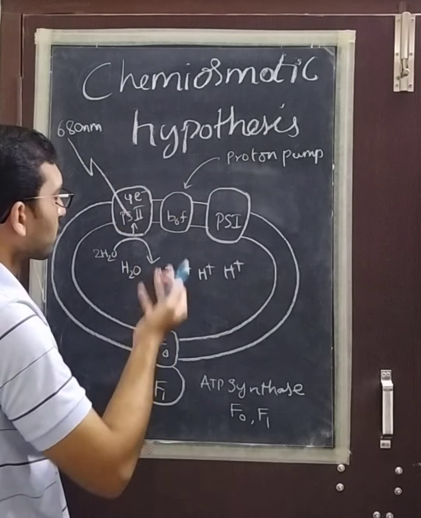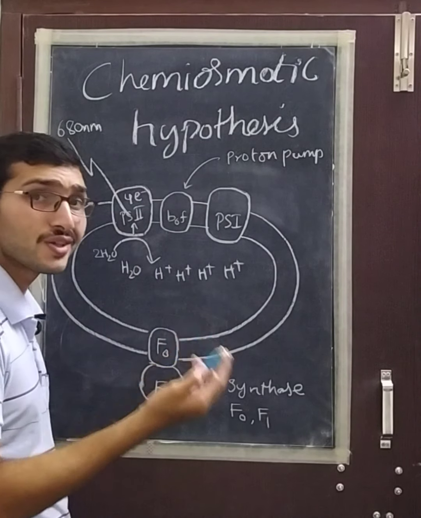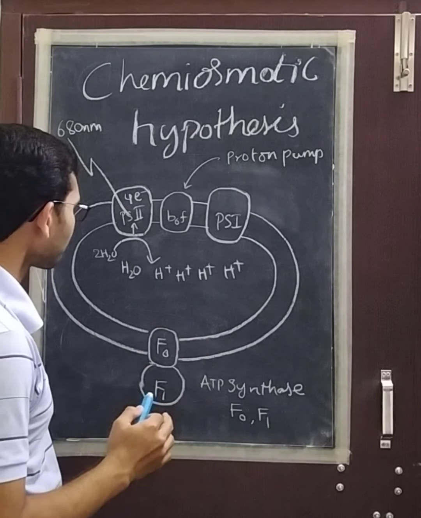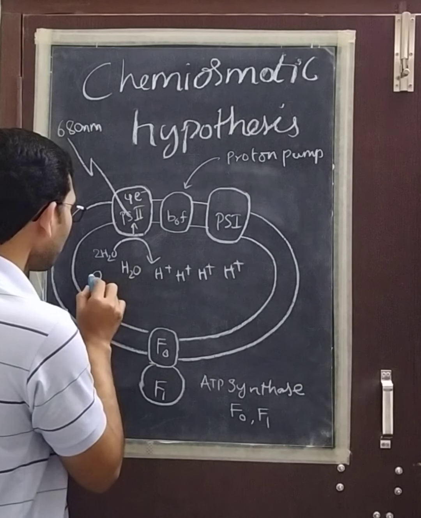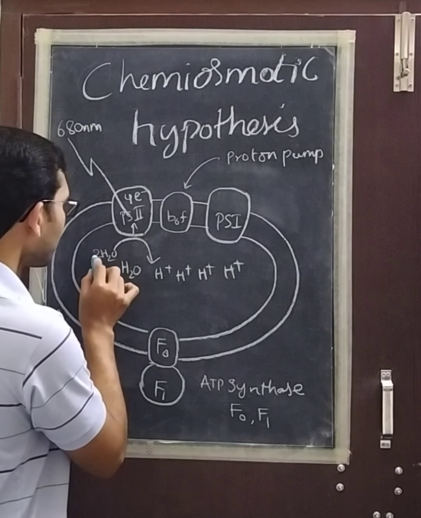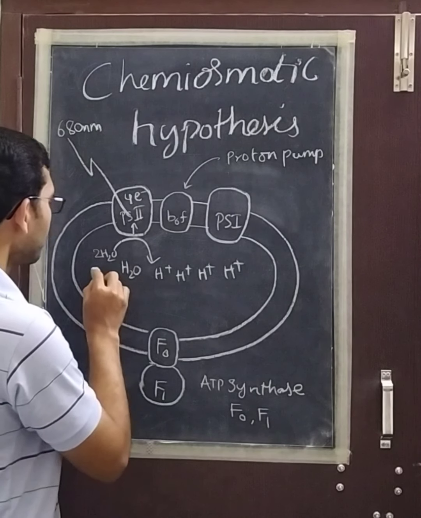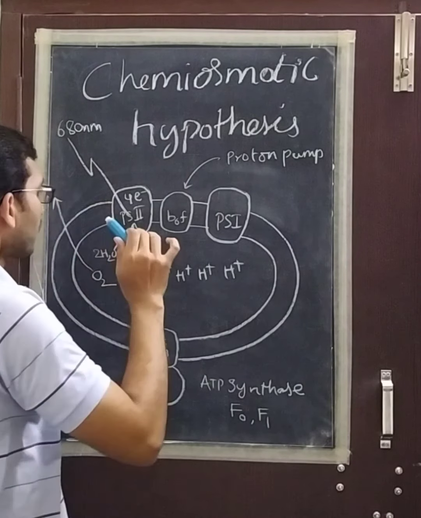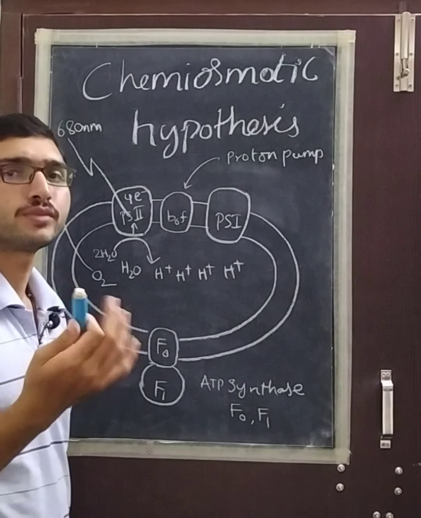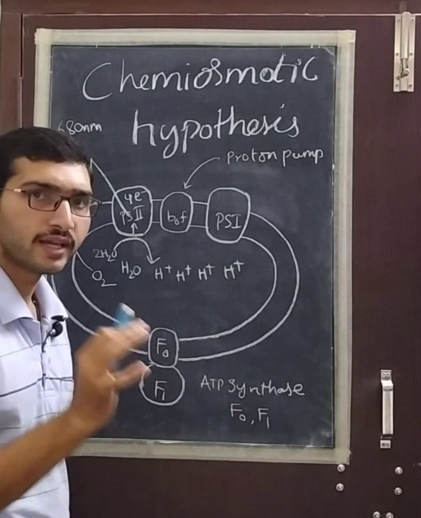So these electrons are being lifted by the electron acceptor and they are passed on the basis of the redox potential scale. Next, oxygen is released. How much oxygen is released from 2 water molecules? 1 oxygen molecule will be released. This oxygen will be transported away from the membrane. Clear? So here the H plus concentration is increasing.